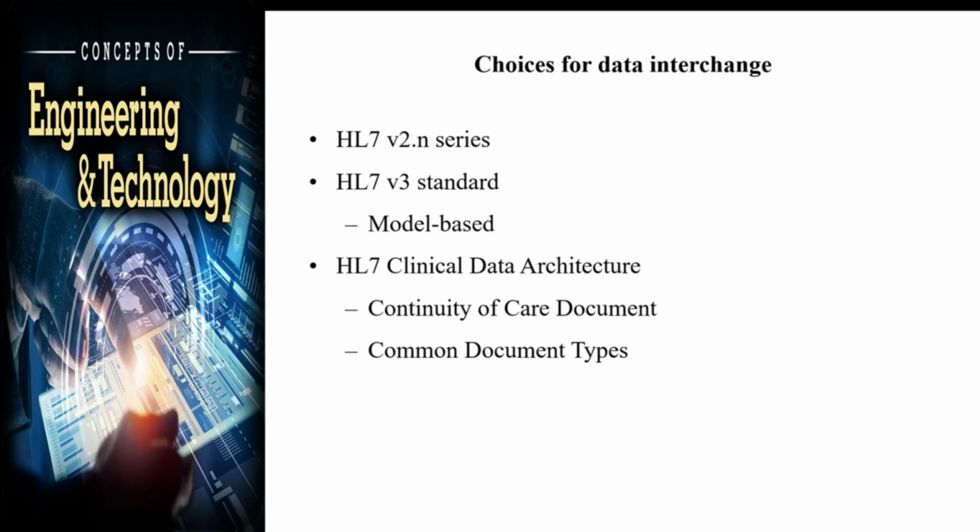Okay. So whatever the clinical data is, we need to adopt the architecture. So the clinical data architecture is there. In that we have the continuity of care document as well as the common document types. These two areas are very, very important. Whatever the clinical data about the patients, you need to follow the architecture. The CCD document is nothing but continuity.